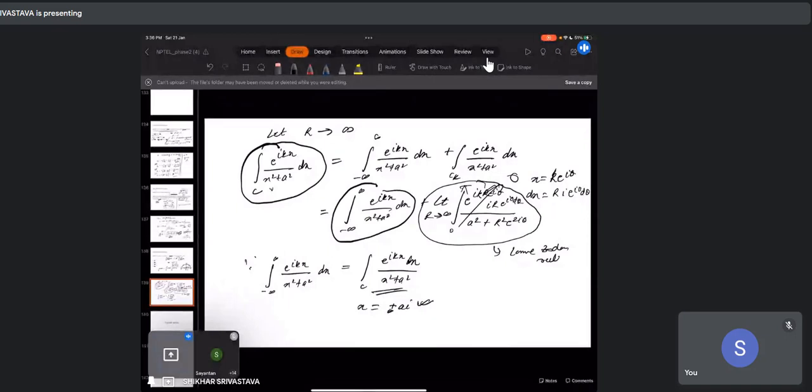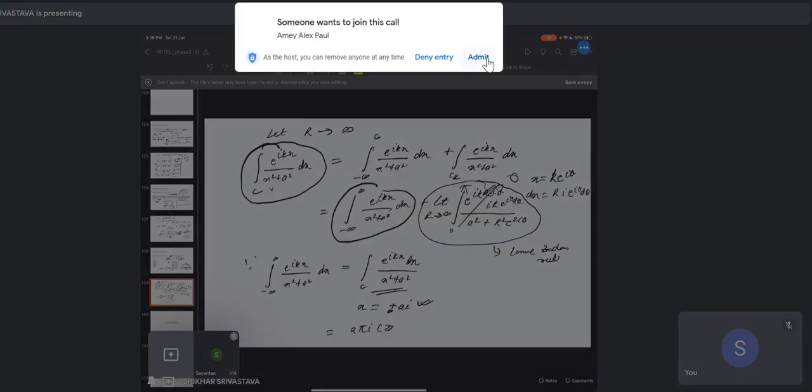Minus a iota will not contribute to this integral. So you can simply write it as 2 pi iota times, using the Cauchy residue theorem, the limit x tending to a of (x minus ai) e to the power ikx over (x minus ai)(x plus ai).